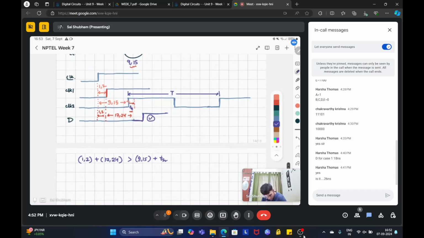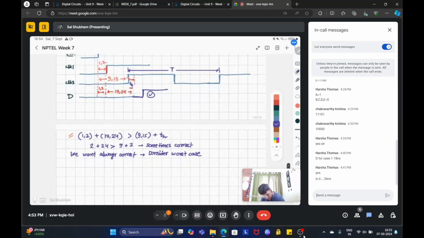If you look at this expression, we always have to consider the worst case. If you take the maximum values, it will sometimes be correct, but we want it always correct. For that we have to consider the worst case.